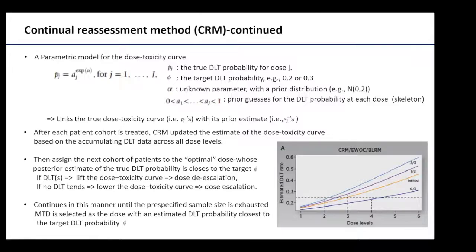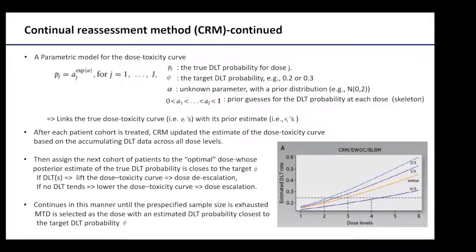Usually, if no DLT is observed at the current dose level, then the dose toxicity curve will be lowered, meaning a lower chance of DLT with increasing dose level. In that sense, the dose will likely get escalated.